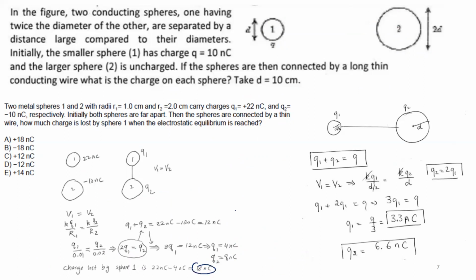And that means basically I have gained minus 18 nanocoulomb. Losing this means basically you have gained this, because I go from 22, I'm going to 4. You get my point, right? Good.